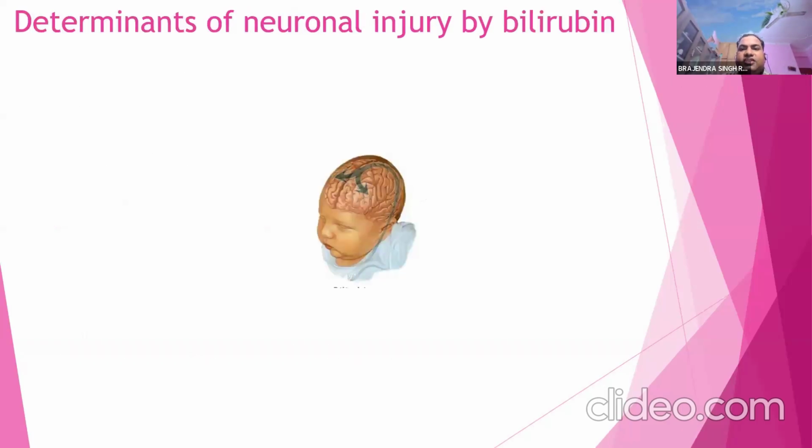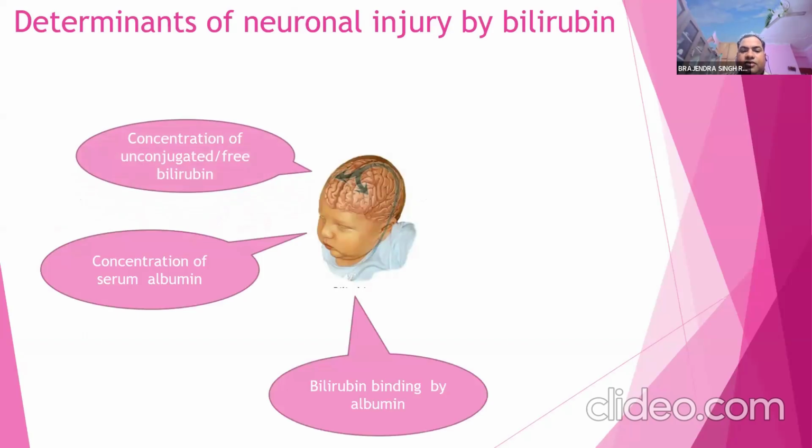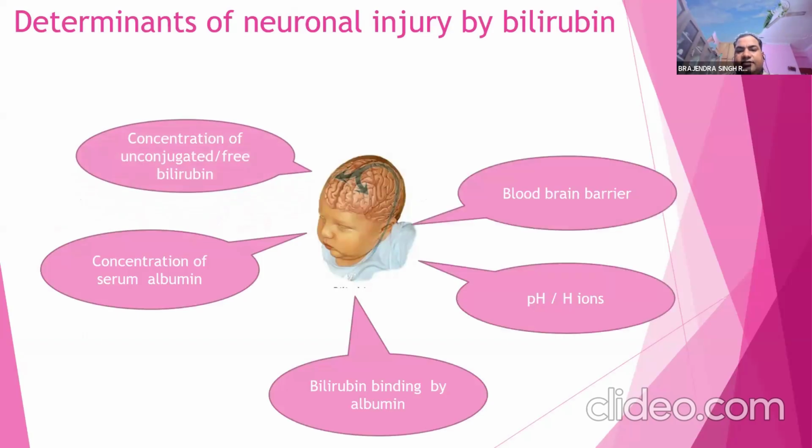So the determinants of neurological injury are the concentration of unconjugated free bilirubin, concentration of serum albumin, bilirubin binding by albumin, pH or H ion, blood-brain barrier, and neuronal susceptibility. These are the factors which can affect brain injury by bilirubin.